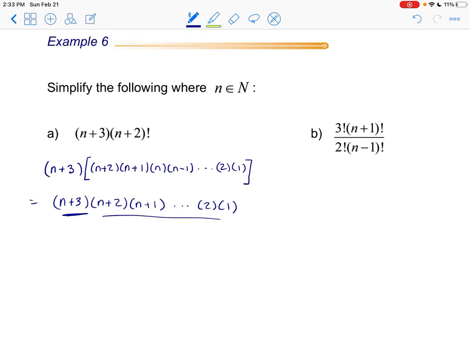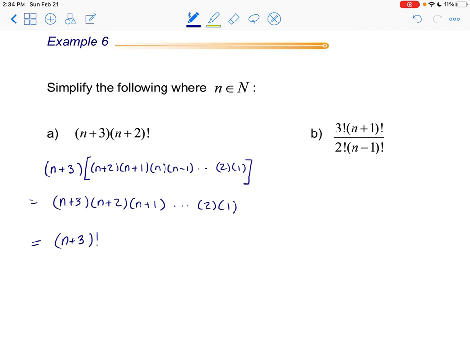Everything else is the same. So instead of having n plus 3 times n plus 2 factorial, you should see that this looks exactly like what n plus 3 factorial would be written out. And that indeed is our answer. That's as simple as this is going to get.